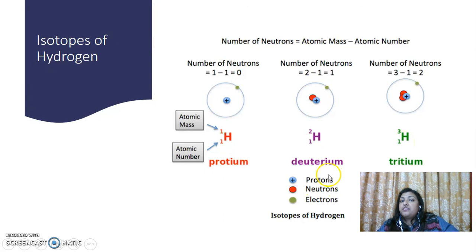But for the neutrons, you can see there is a change in the number, and so the mass of that element also increases. So hydrogen isotopes will act in the same way chemically, but the mass of the other isotopes will be different from the naturally occurring one.